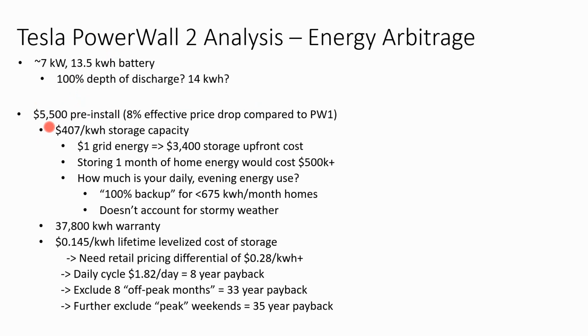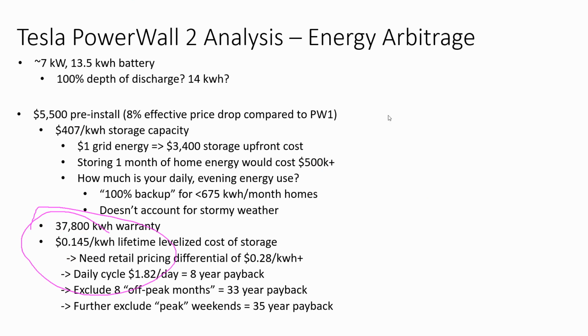They give it a 37,800 kilowatt hour warranty, and that makes it very easy to develop this lifetime levelized cost, where you can just divide the cost of the battery by the warranted energy output, and that gives you 14 and a half cents. And this is where the concept of energy arbitrage falls apart.